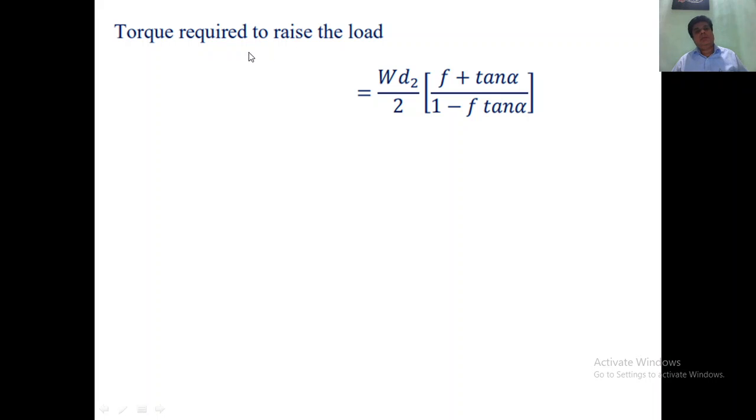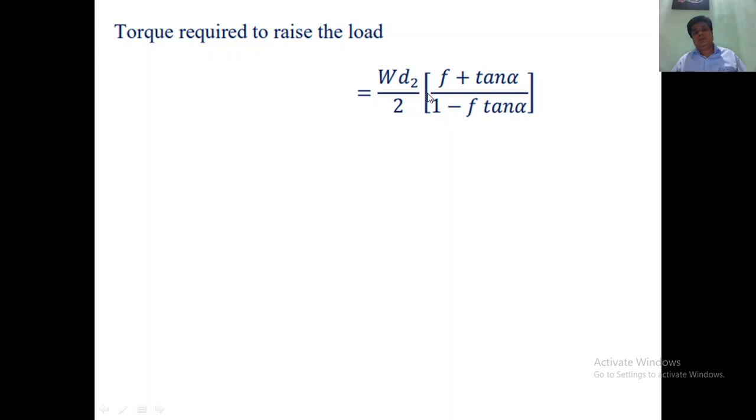But we also know from our derivation that to raise the load, the equation for torque was W d2 by 2 times tan of (alpha plus phi), where mu is the coefficient of friction and alpha is the helix angle.